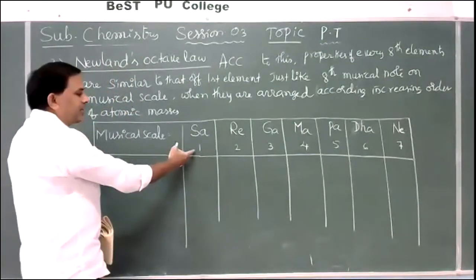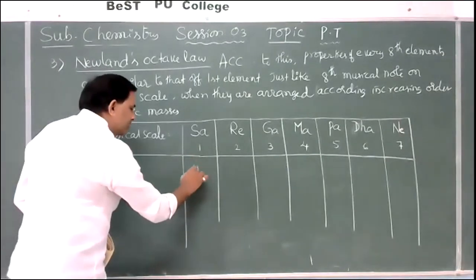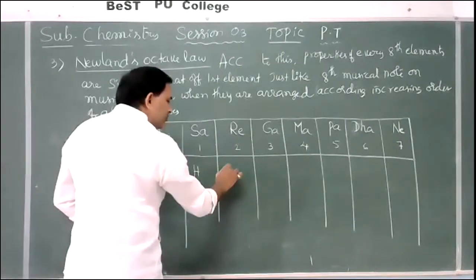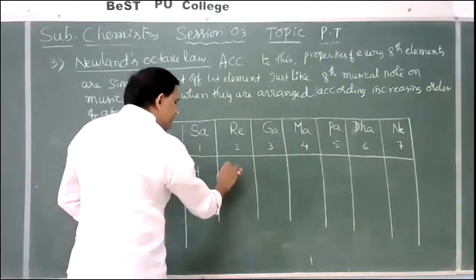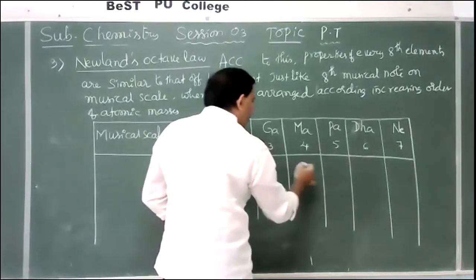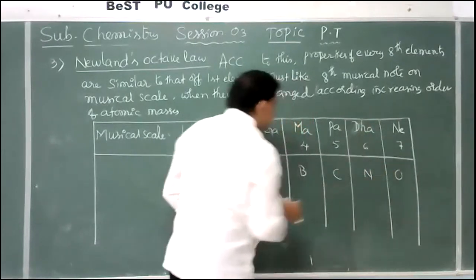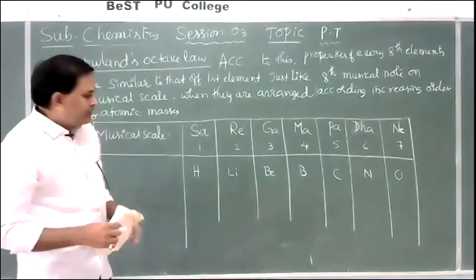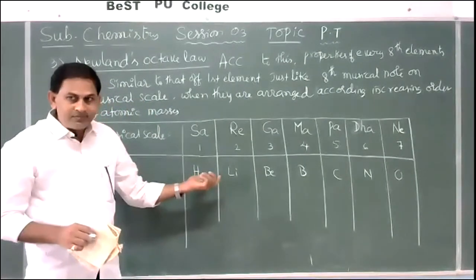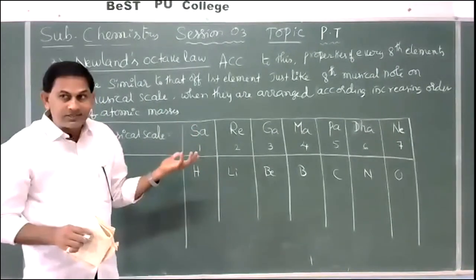This is created as the first group: hydrogen, lithium, beryllium, boron, carbon, nitrogen, oxygen. Helium is not there here, according to the modern periodic table.